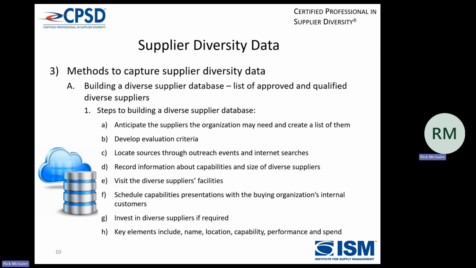Steps to building a diverse supplier database: anticipate the suppliers the organization may need and create a list of them, develop evaluation criteria, locate sources, hold outreach events, record information about capabilities and size of diverse suppliers, visit the diverse suppliers' facilities, schedule capability presentations with the buying organization's internal customers, and invest in diverse suppliers if required. Key elements include name, location, capability, performance, speed, etc.